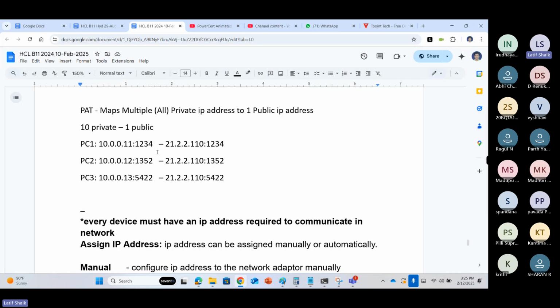First of all, we can't buy so many public IPs for our home or small offices. Even bigger organizations don't buy public IP addresses for all servers. They have dedicated public IP addresses and use the NAT technique to map them.